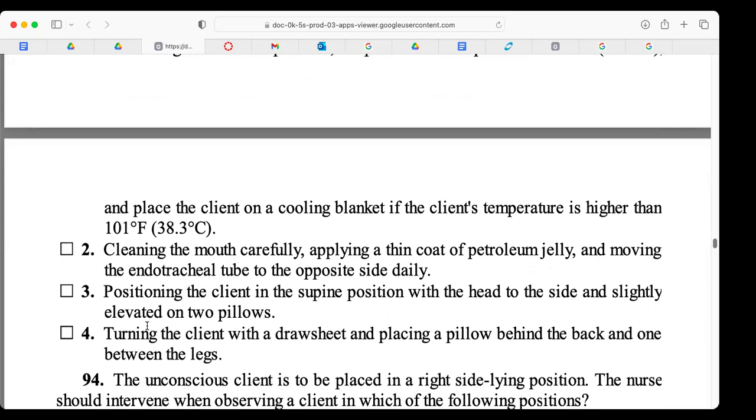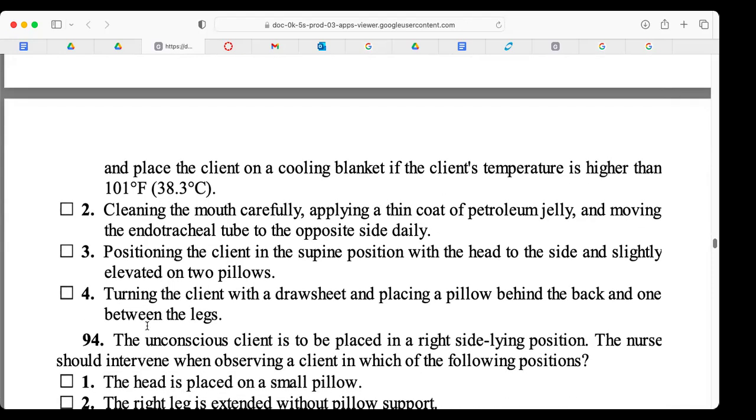Clean the mouth carefully, applying a thin coat of petroleum jelly and moving the endotracheal tube to the opposite side daily. 3. Positioning the client in a supine position with the head to the side and slightly elevated on two pillows. 4. Turning the client with a draw sheet and placing a pillow behind the back and one between the legs.